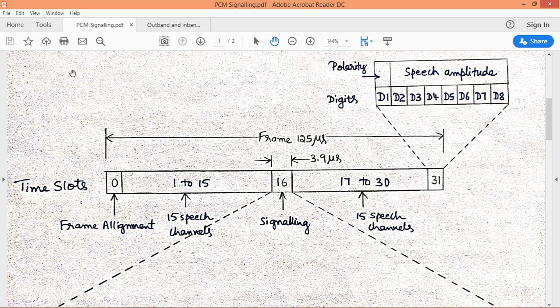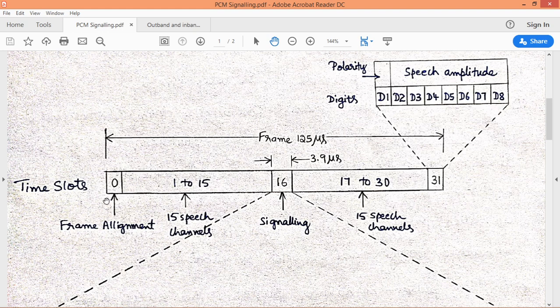Whatever control signals we transmit from one exchange to another exchange are taken care of with the help of time slot 16. This time slot 16 basically handles the signaling part of our data transmission.